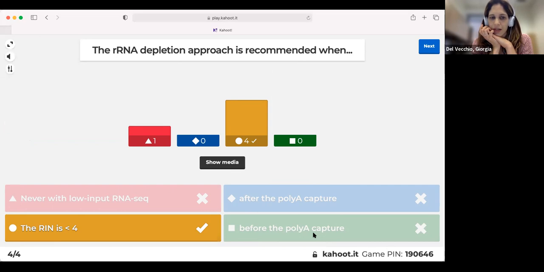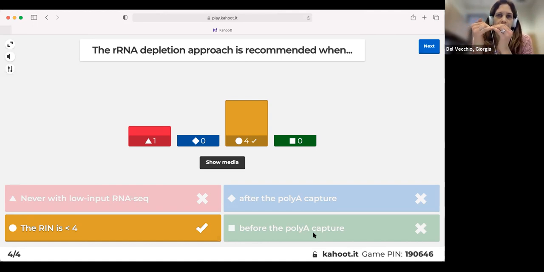Ribosomal RNA depletion is the only option you have when your RIN number is below 4. If your RIN number is bigger than 4 but below 7, you have the option. If it's close to 7, say from 6 to 7, you can still use the poly-A approach.